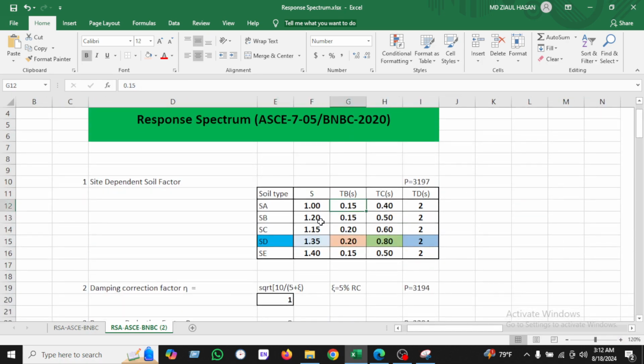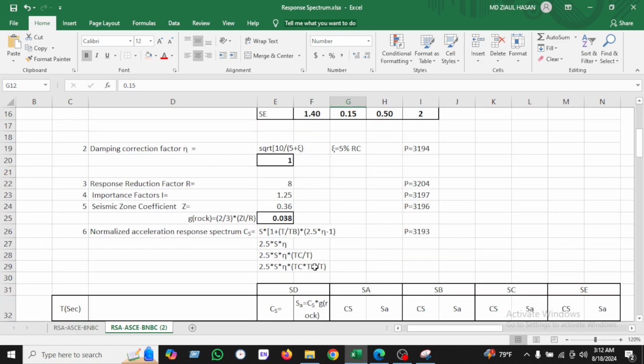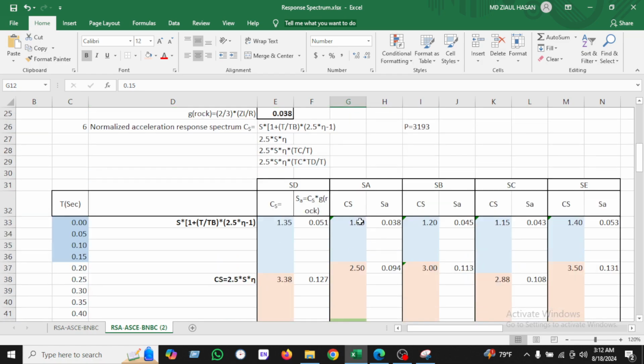TB is 0.5, so we start at 0 and go to 0.5. So the first formula for Cs will be used from 0 to 0.5.